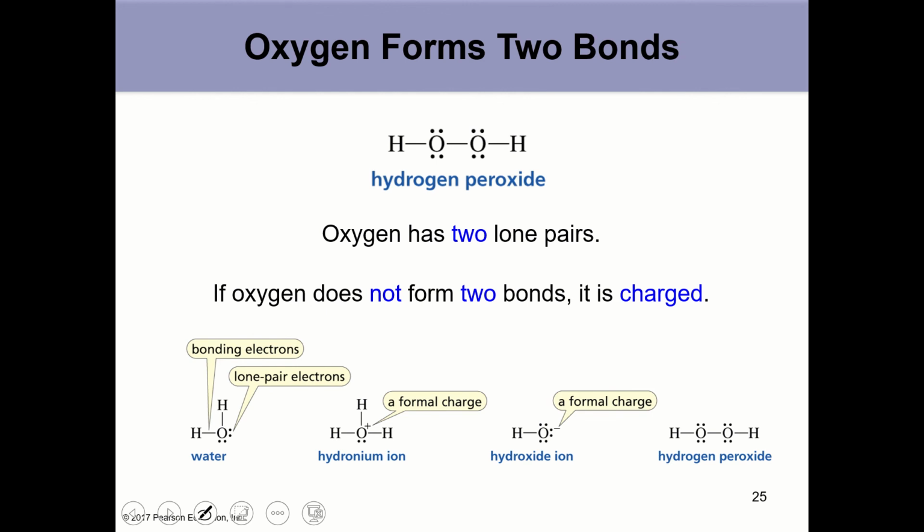Oxygen prefers to form 2 bonds, has 6 valence electrons, needs 2 more to make an octet. Those come from bonds. So we're going to have 2 bonds and 2 lone pairs. And if it differs from 2 bonds and 2 lone pairs, it will have a charge, and you need to be able to determine what that charge is.